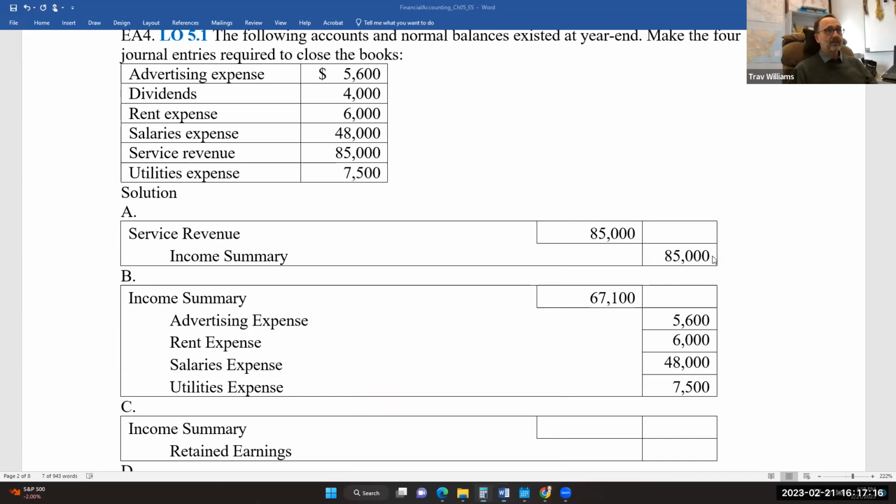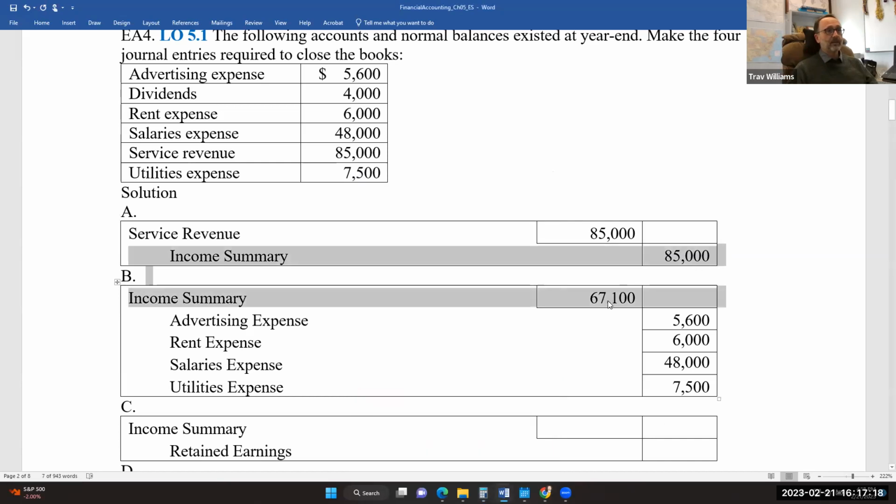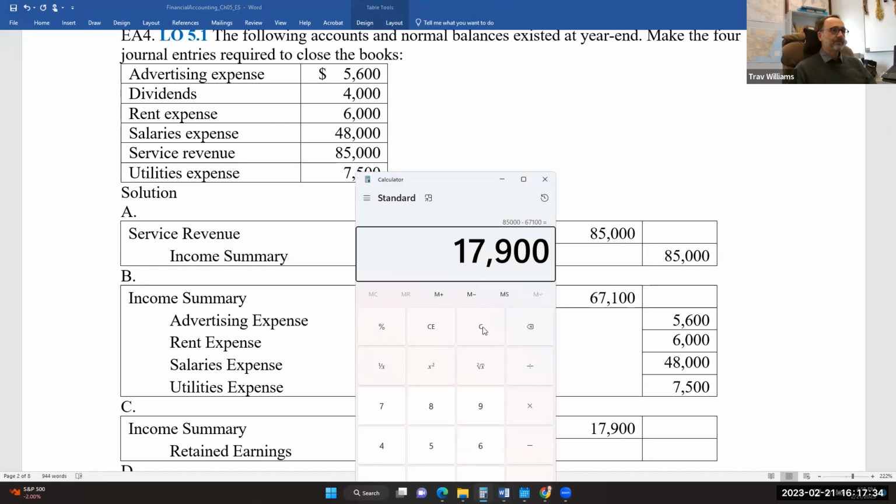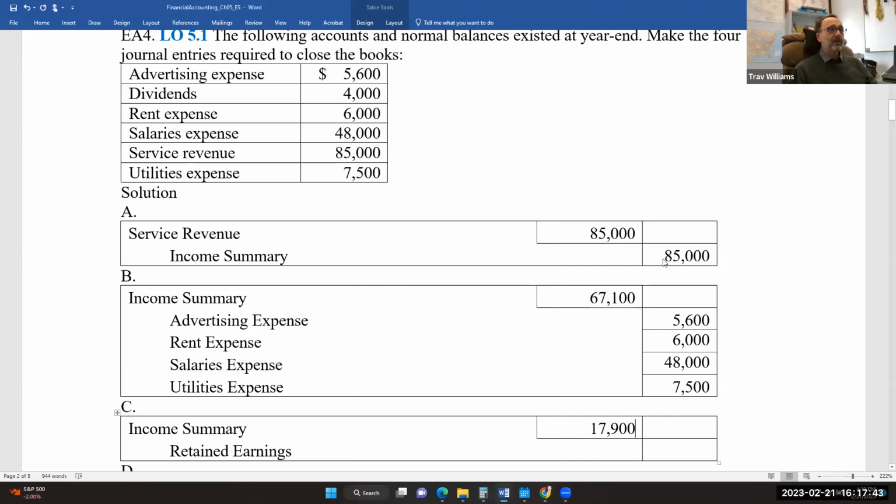And because the credit side is bigger, it's a credit balance, right? We see this credit here is bigger than this debit. So when we find the difference, when we subtract, we still have a credit balance. So that 17,900 we now need to debit to close out the income summary account. Another way to think of it, we have an $85,000 credit to income summary.